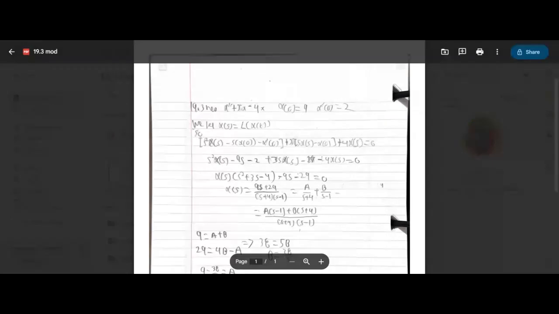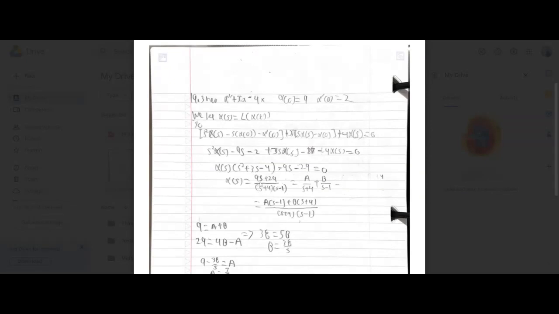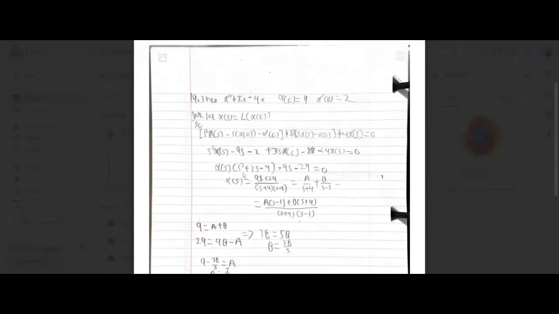So as well, continuously following what the book suggested, sorry, I'm trying to catch my breath a little. We then let X of s equal 9s plus 29 over s plus 4 times s minus 1, which is what the binomial, which is multiplying X of s, is equal to, which simplifies to.